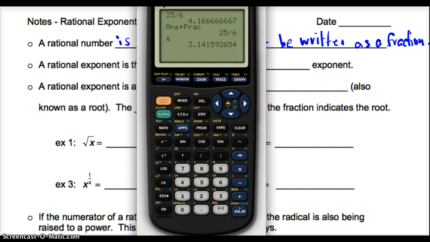That gives me a whole number and a decimal. Let's try to change that to a fraction. It won't go. Okay? There's no fraction that represents pi. Same thing with a number called e. It's on your natural log key, the LN key. If I try to turn that number into a fraction, it will not go.